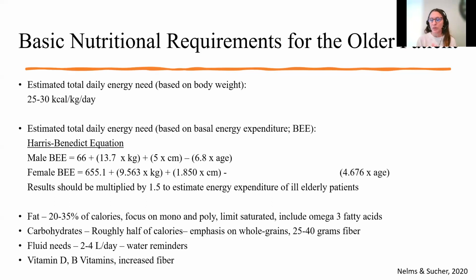And this is for somebody without kidney disease. The recommendation for fiber is anywhere from 25 to 40 grams. Again, recognizing that as we add fiber, we also need to add fluid, and we should add fiber slowly to prevent constipation. Fluid needs are generally 2 to 4 liters per day, with reminders. And then vitamin D, often calcium, B vitamins are common.